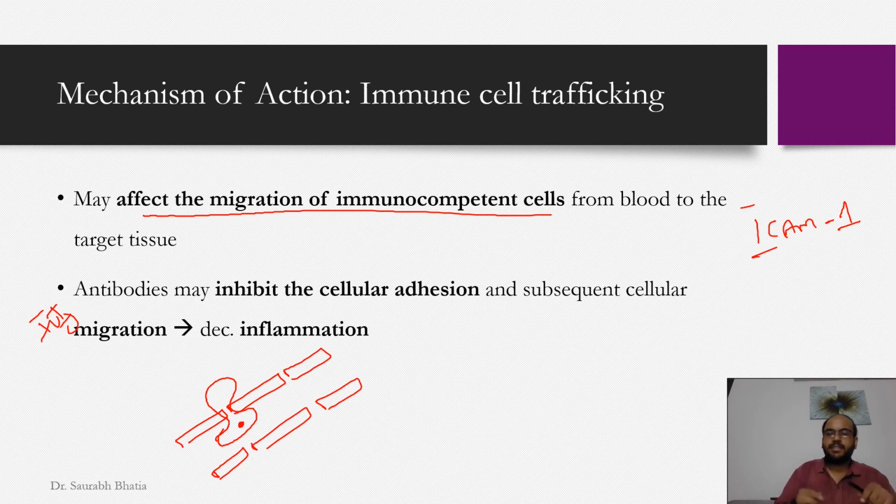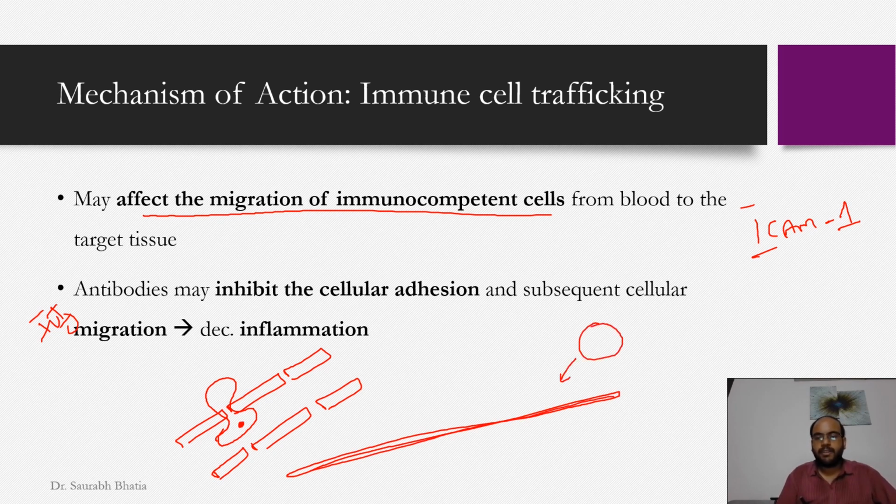So, what IVIg does is this. Let's say this is the endothelial cell layer, and this is the inflammatory cell. First, the inflammatory cell has to attach itself. This is known as adhesion. Remember Robbins, MBBS second year? So this is adhesion. Then comes rolling, and then comes squeezing. In rolling, the immune cell rolls, and in squeezing, it squeezes itself in between the endothelial cells.